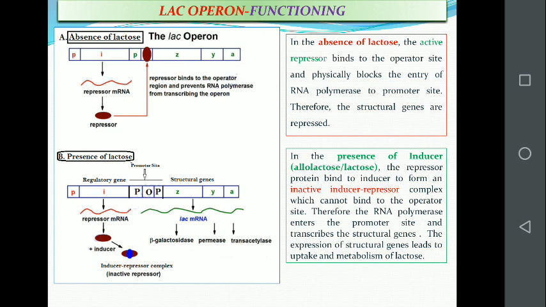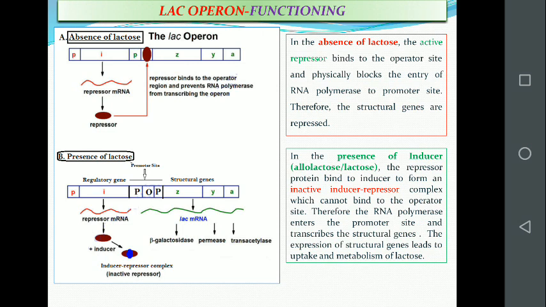Simply, once again I will repeat the switching on and switching off mechanism. In the absence of lactose, the repressor is active and binds to the operator and stops the entry of RNA polymerase into the promoter site. That turns off the structural genes and no gene products are formed.